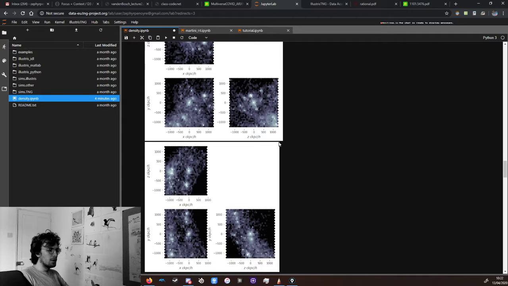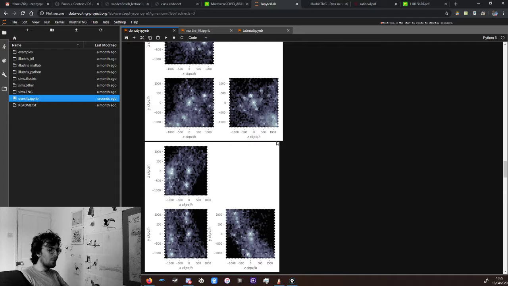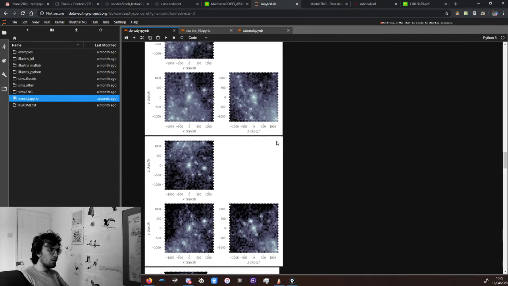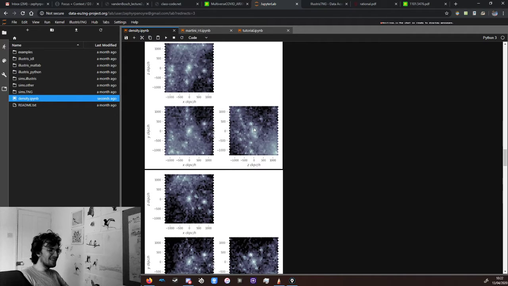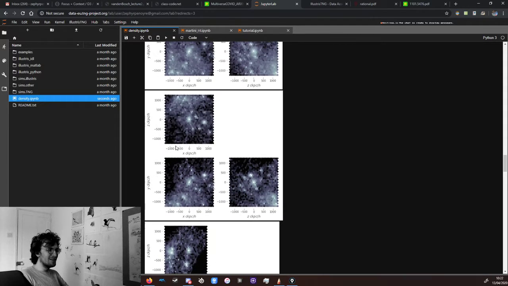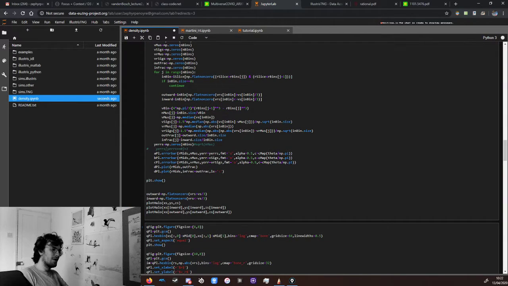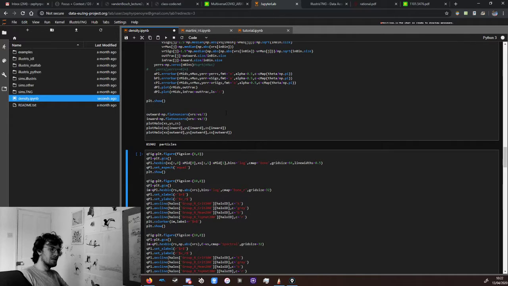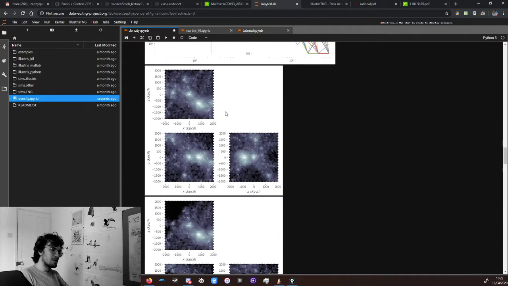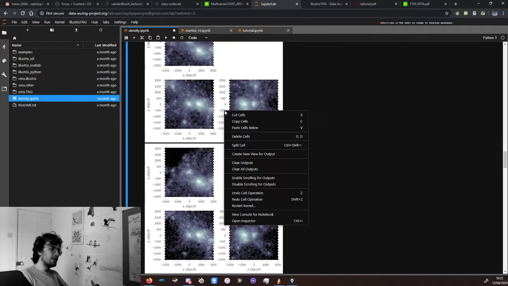Whoa, whoa, whoa. Maybe I was really lucky in the galaxies it was working for before, because this one, you can see the different sheet flows. So this one's really well behaved.